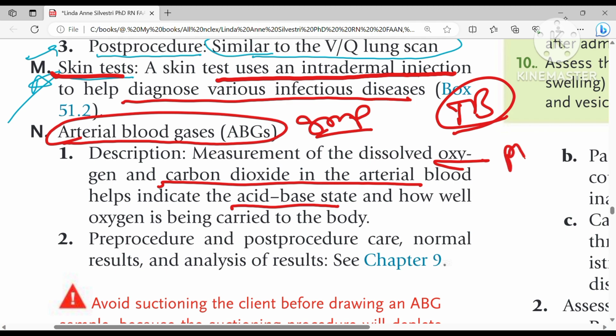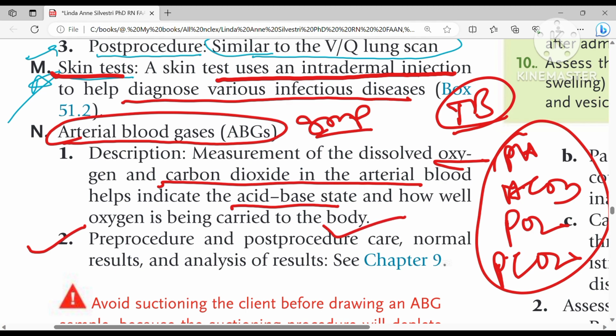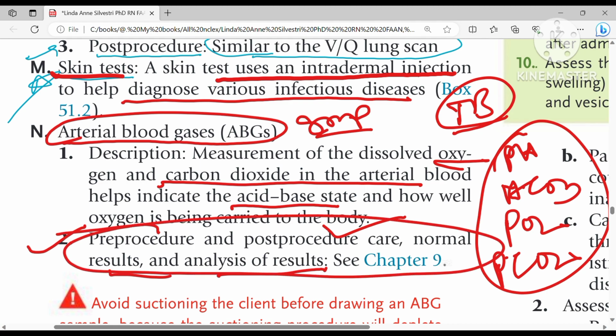In that we will see the pH, bicarbonate, PO2 and PCO2. So we will see respiratory acidosis, respiratory alkalosis, metabolic acidosis or metabolic alkalosis. Pre-procedure, post-procedure care and result analysis, all these things we will see in chapter 9 when we discuss ABG.